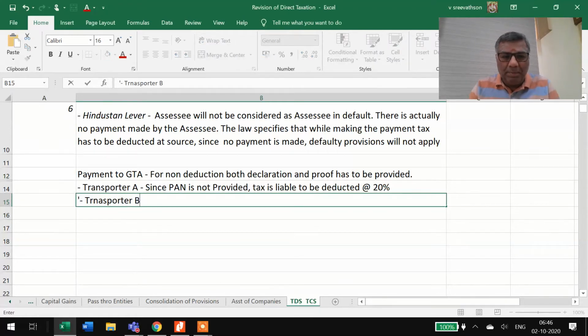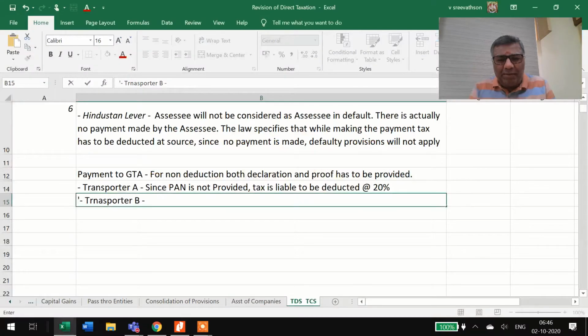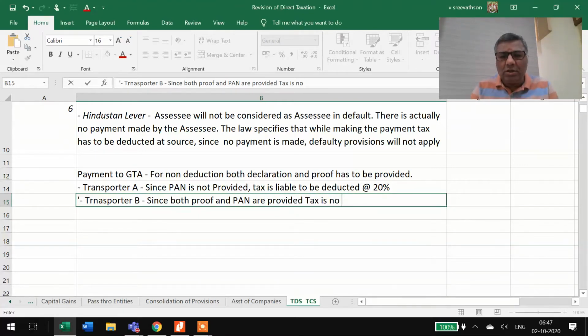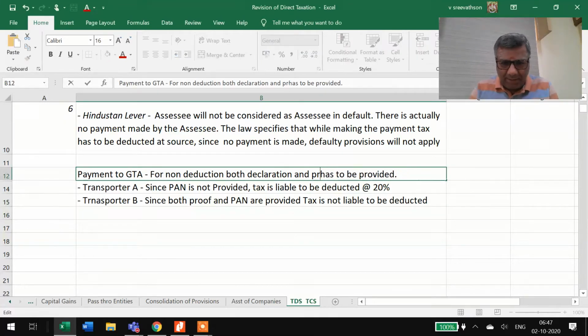Transporter B, what does he do? Okay, has provided proof as well as PAN that he holds 10 vehicles, not only end of the year, all through, but he has provided both. Okay, since both proof and PAN are provided, tax is not liable to be deducted. Sorry, both declaration and PAN.